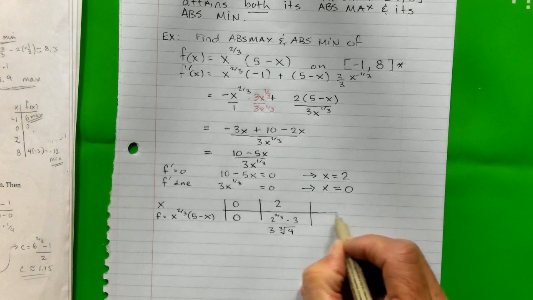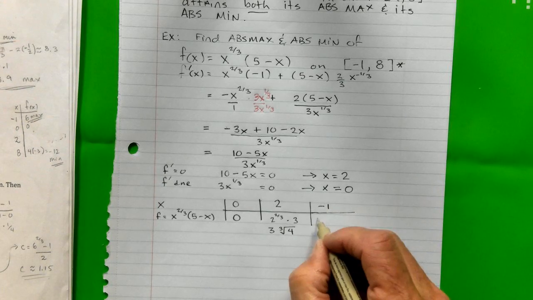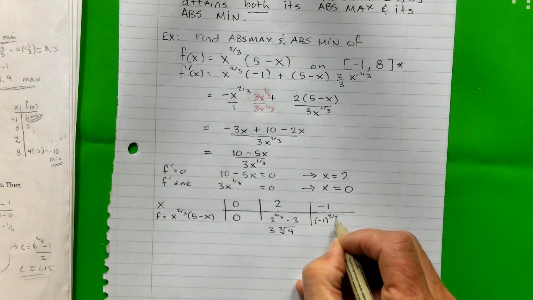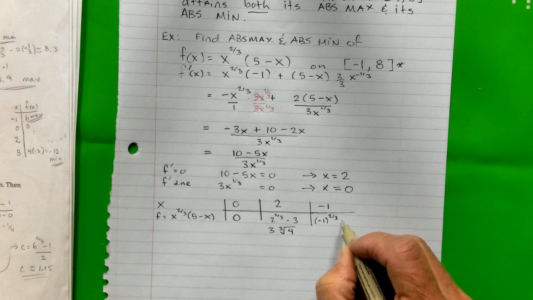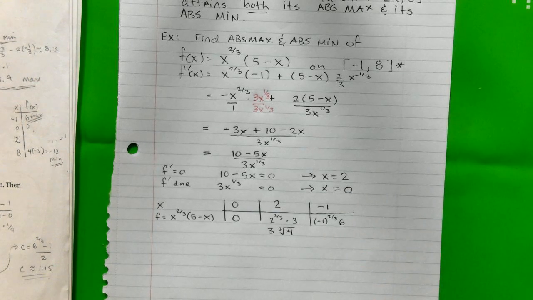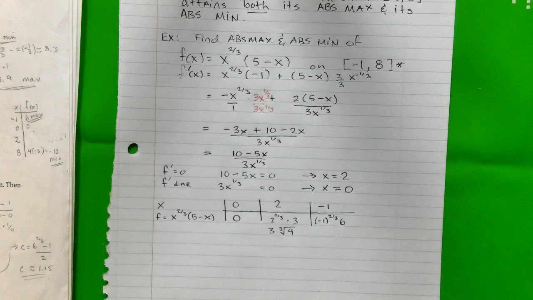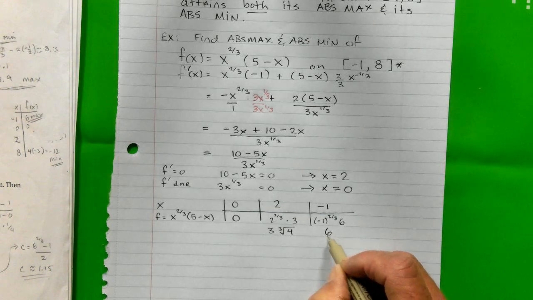Now x is negative 1. Negative 1 to the 2/3 times 5 minus a negative 1 gives me 6. Negative 1 to the 2/3 is negative 1 squared, which is 1. Cube root of 1 is 1. So negative 1 to the 2/3 is just 1. That value is then 6.